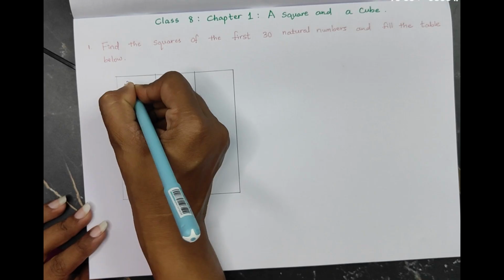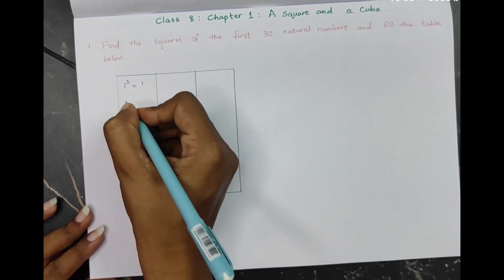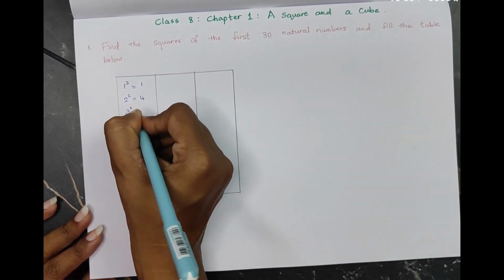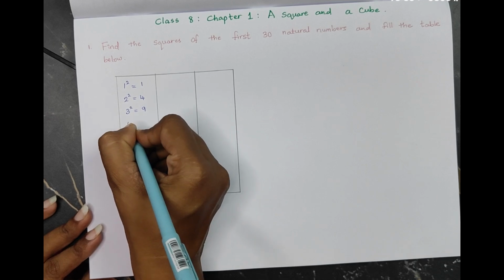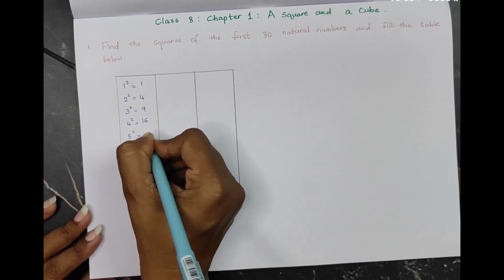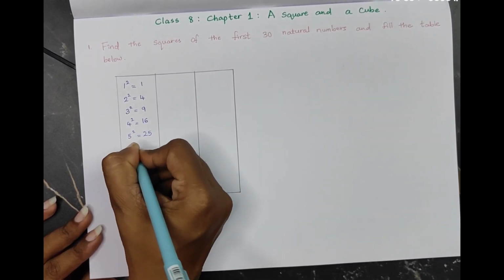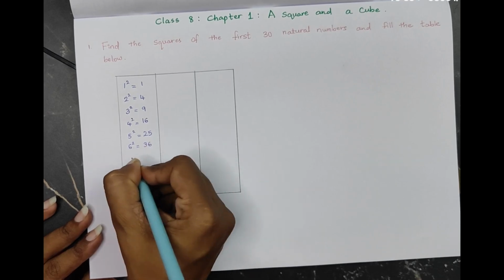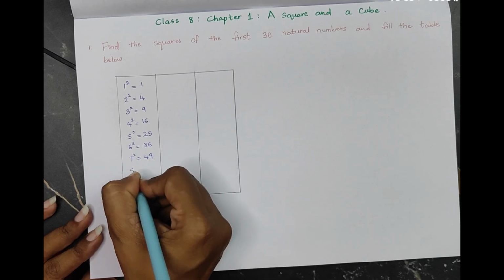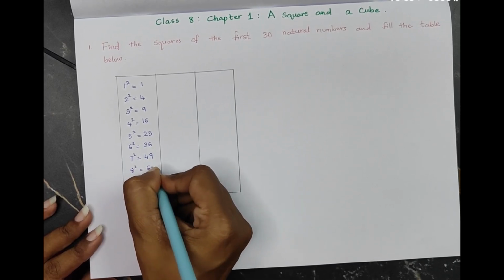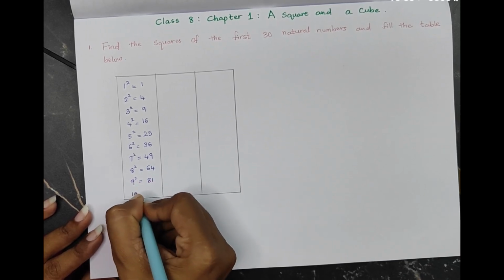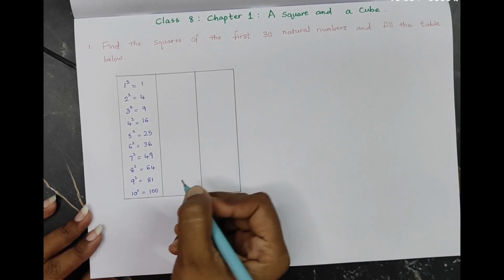So, first we'll write 1 square, that is 1, 2 square, 4, 3 square, 9, 4 square, 16, 5 square, 25, 6 square, 36, 7 square, 49, 8 square, 64, 9 square, 81, 10 square will be 100.